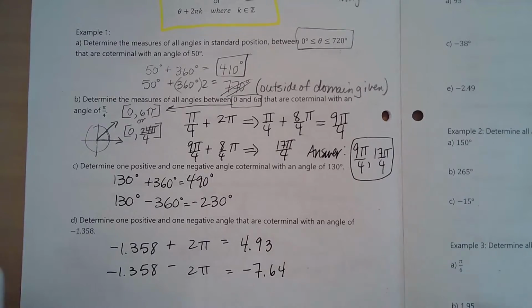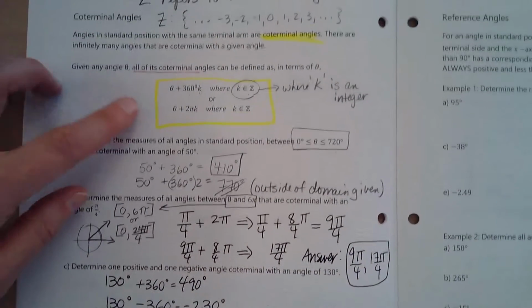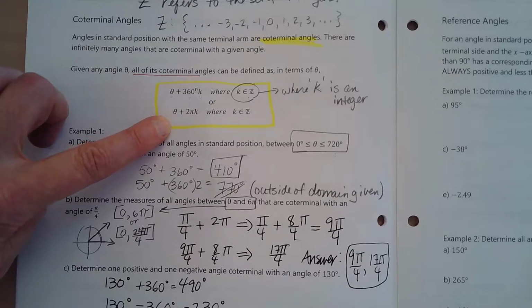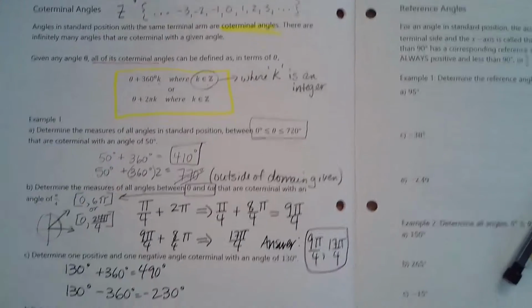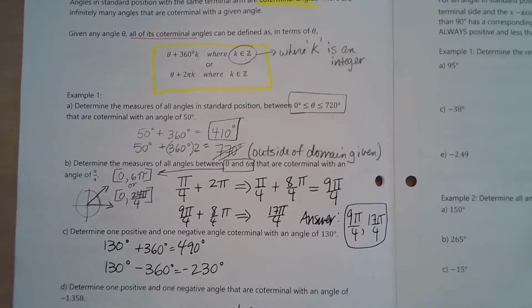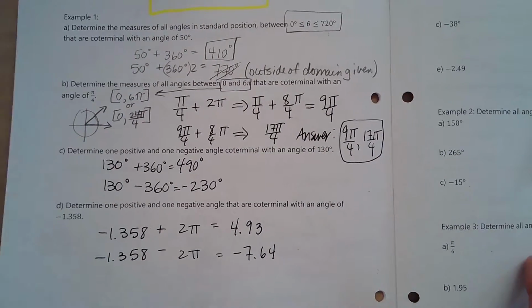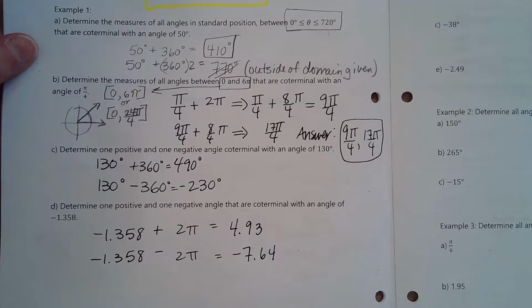Agreed? So this is your system here. It's either plus 360 or plus 2 pi. That should be pretty straightforward. Coterminal is just plus or minus those. Those are my answers: 4.93 and negative 7.64.